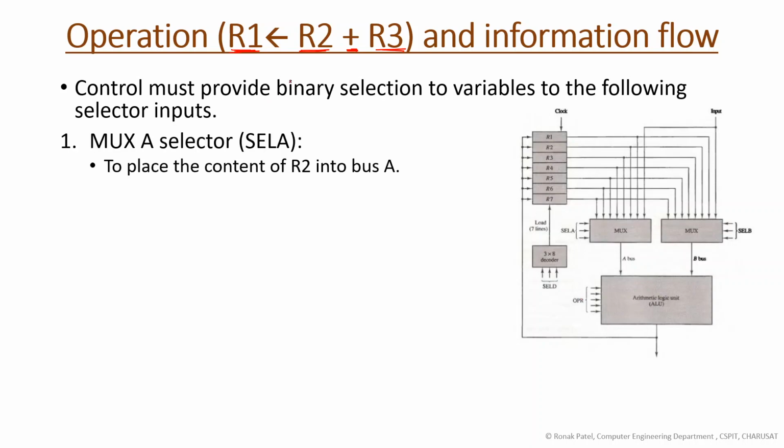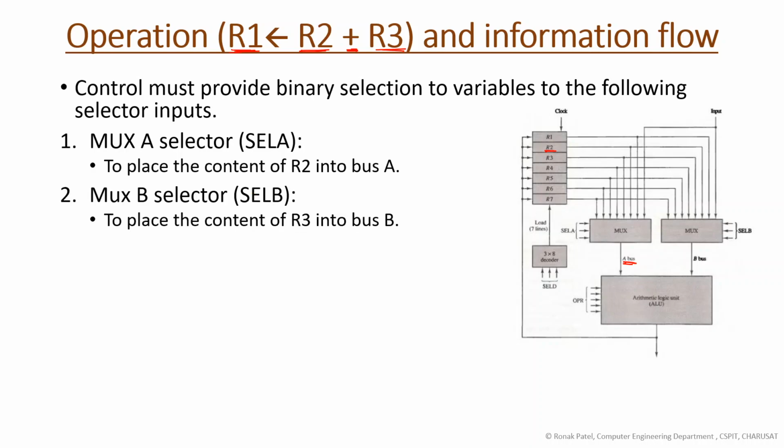First we want R2 in the A bus, this one, so to place the content of R2 in bus A, you require selection A. Here we want R3, so for that you need selection B. These are 3 bits for each selection.